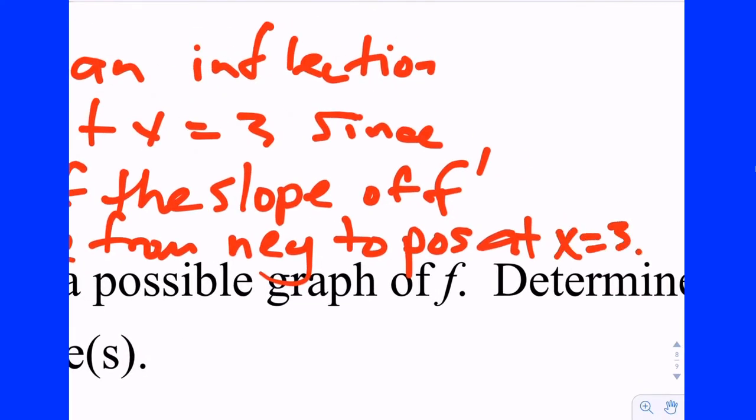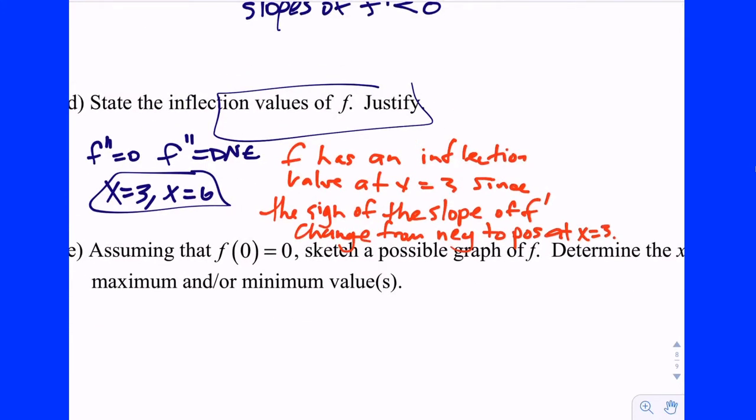That's where it happens. Yep. Sign change in the slopes. So it is an inflection value.